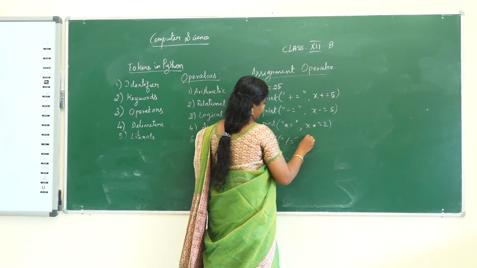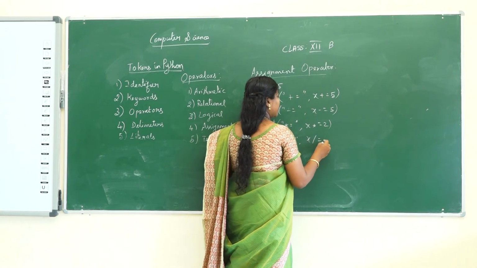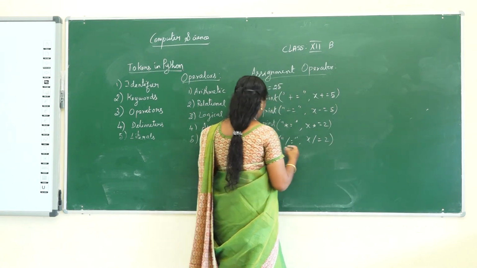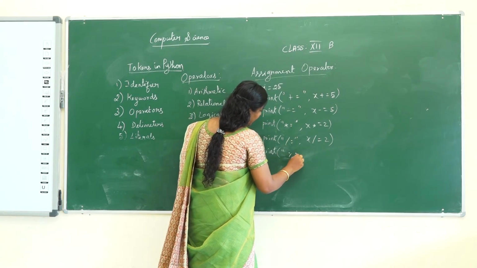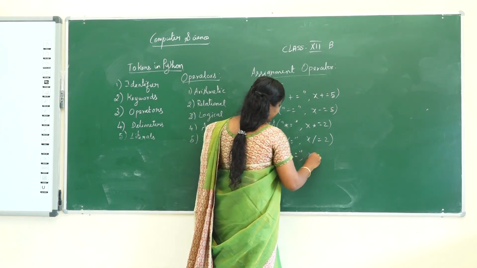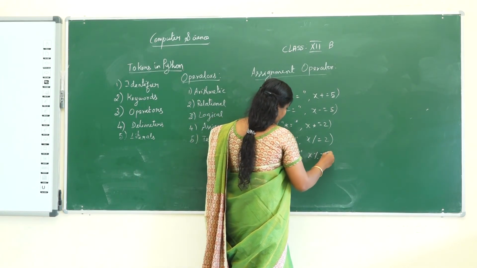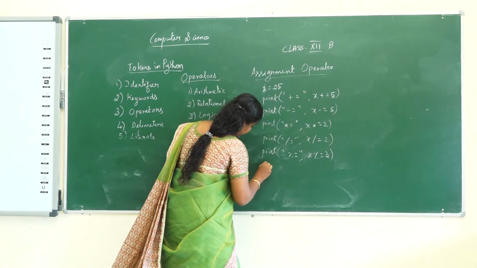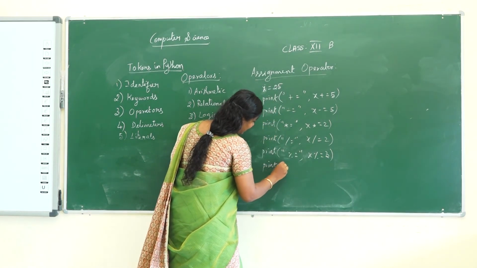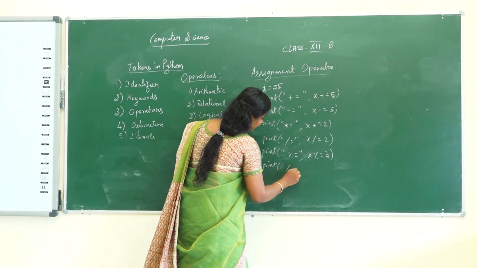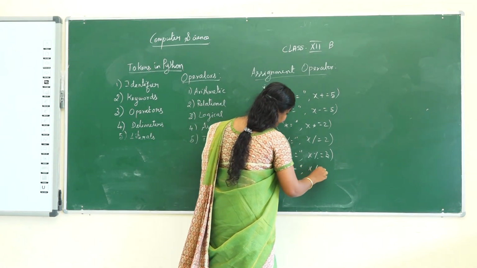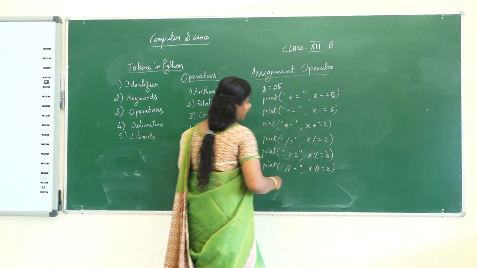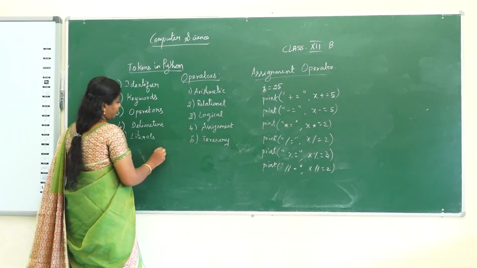Slash is equal to, so x slash is equal to 2, and modulo equal to, so x modulo equal to 3. And next one, print, just I am giving a number, when we go on to calculation, let us see, double slash. Okay, so let us see what will be the output for it.